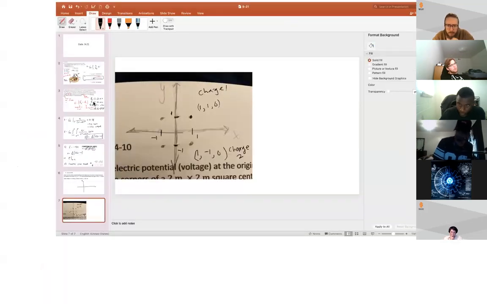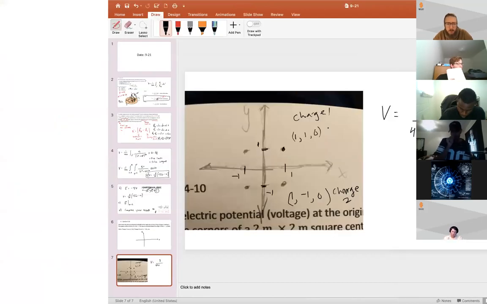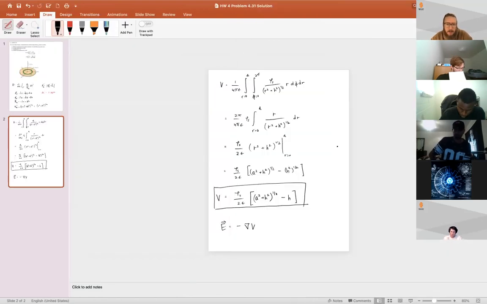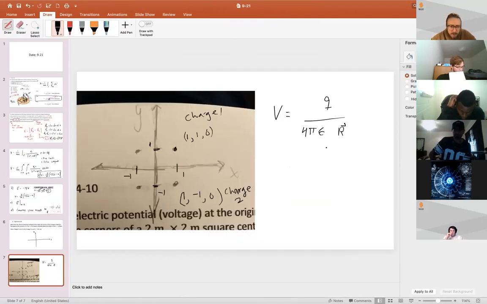Now, in the textbook, similar to what we did with our distribution, we have some information about voltage. The voltage due to 1 charge is equal to Q over 4 pi epsilon, and then it says R minus R1 in the textbook.